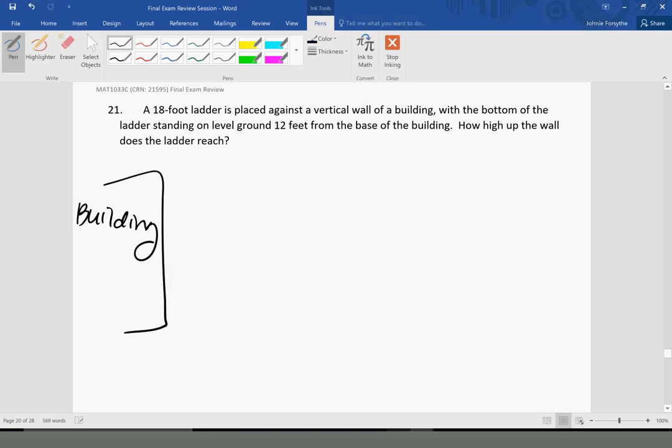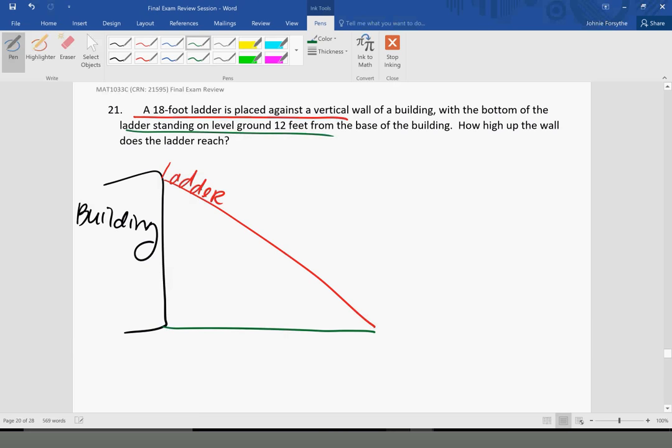Okay, an 18-foot ladder is placed against a vertical wall. So like here's the ladder here. With the bottom of the ladder standing on level ground, 12 feet from the base of the building. So this is 12 feet.